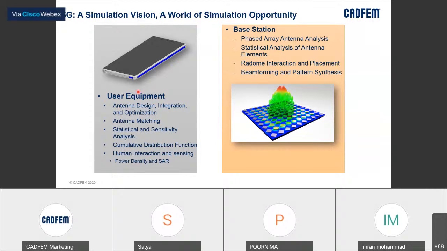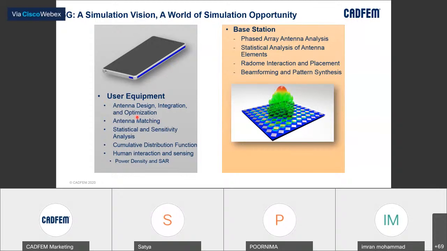So if we are considering the user equipment first, then it contains wireless connectivity. The first parameter is the antenna design. Then how the antenna is integrated, whether our antenna is properly optimized or not.